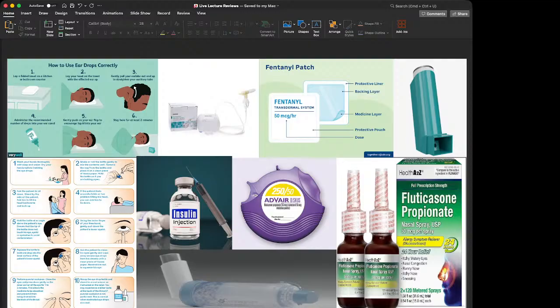Notice in the picture how this eye drop is being used. You can see where you're supposed to move your head back and pull the bottom eyelid down, and then put the drop inside without touching the tip of the dropper.